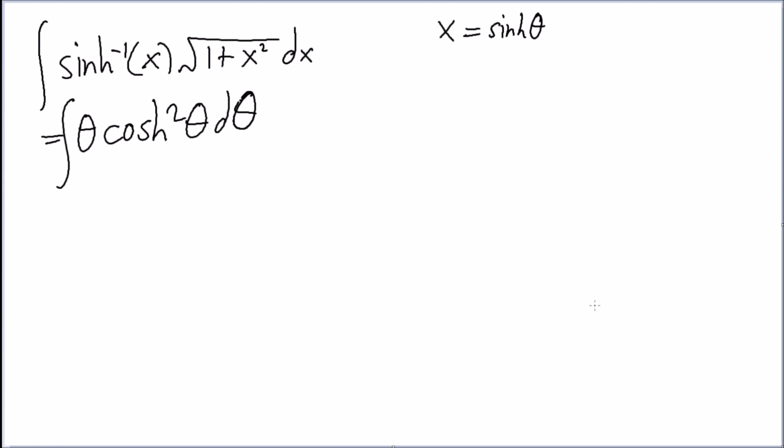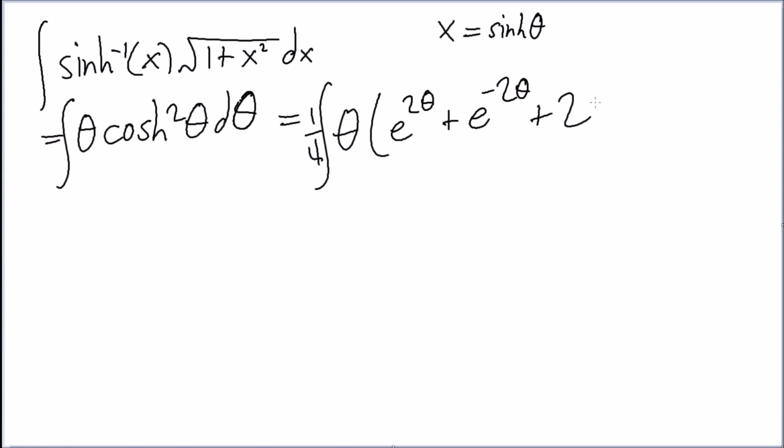Yeah, I don't know if I want to integrate by parts. Do you think it's better to do it exponentially as well? I don't know. If we do that, we get e to the 2 theta plus e to the negative 2 theta plus 2.